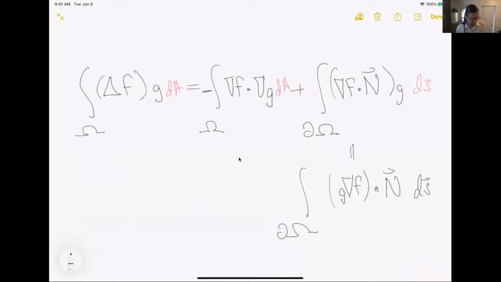Everybody see what I did there? All I did was move the g inside the dot product, right? If I dot two vectors and then multiply the result by a scalar, I could take that scalar and multiply it by either of the two vectors. I could have also moved that g over to the n side.